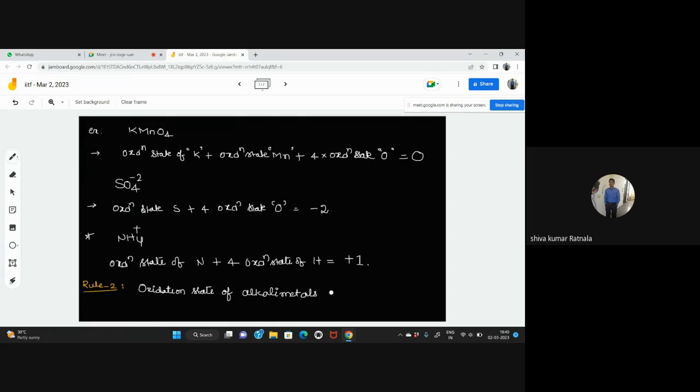What are the alkali metals? Lithium, sodium, potassium, rubidium, and cesium is always plus 1. Always plus 1 only.